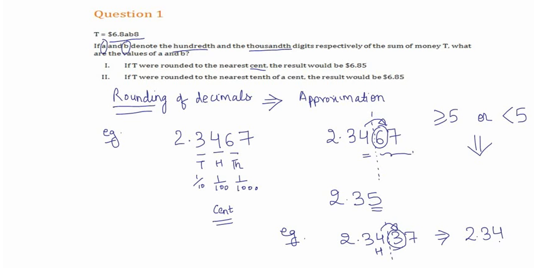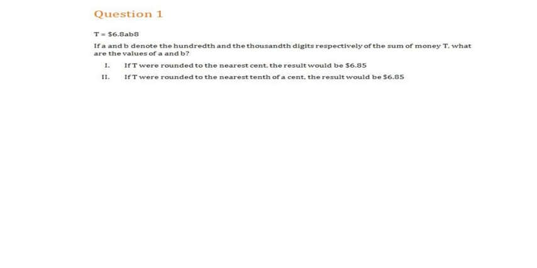I need not add 1 unit to this decimal. So the approximation becomes 2.34. Let us go back to the question now and try to figure out how we can solve it.